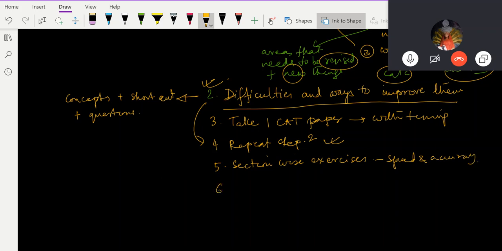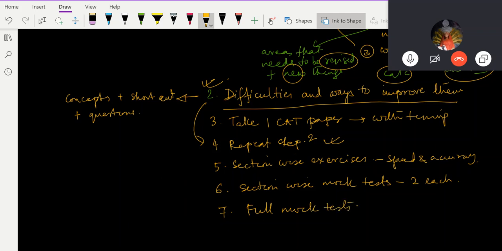And then step number 6 would be section-wise mock tests, 2 each, and then we will get into the actual full paper, full mock test. So this would be the overall plan.